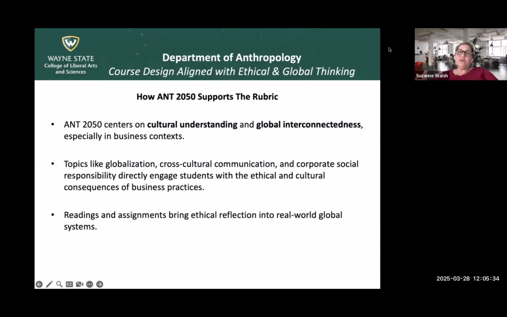But since students coming into the class are business majors, engineering majors, sometimes health sciences or health alliance types of courses, I bring in a lot of materials that relate to their particular majors so that they can have a much greater connection with what's happening with the materials themselves.